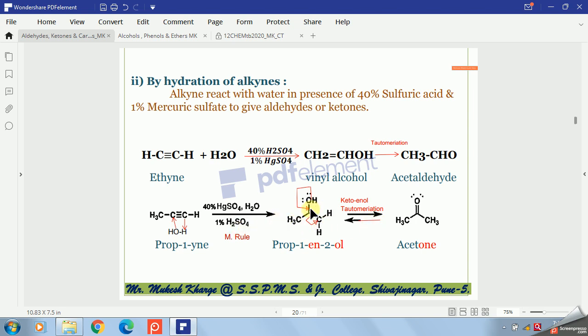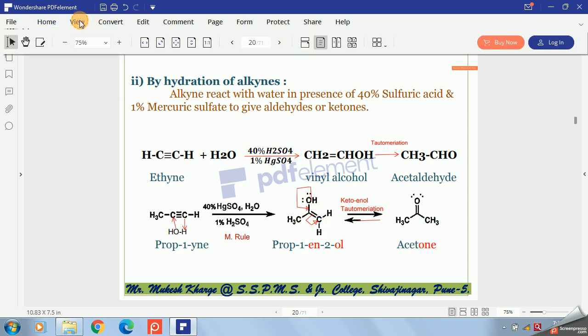So what we get? CH3 C double bond O CH2, and this CH2 becomes CH3. So what is your product? Your product is acetone. Okay, we get acetone, and your intermediate is this: this carbon is carbon number 1, this carbon is 2, this is 3.